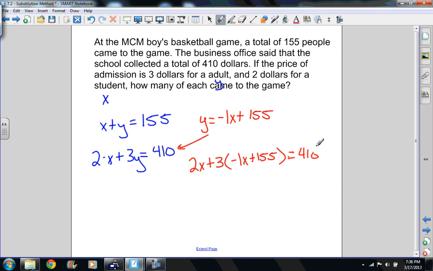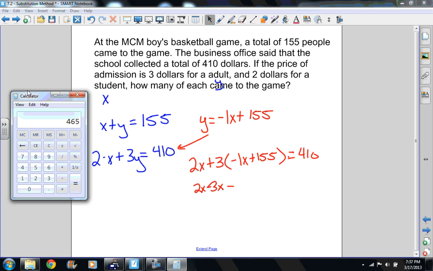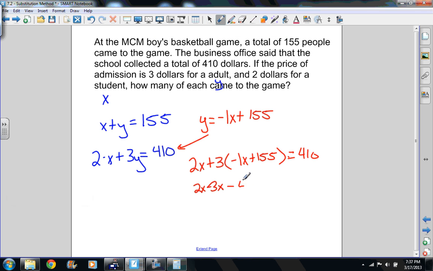And I just solved it from here. 2x minus 3x minus, I need a calculator for that, 465 equals 410. I subtract this over. And I get my x equals 55.